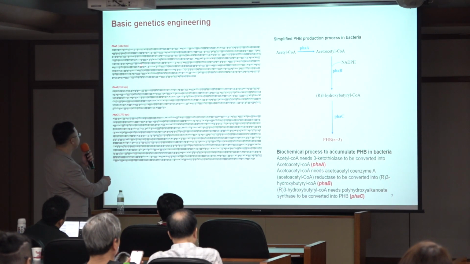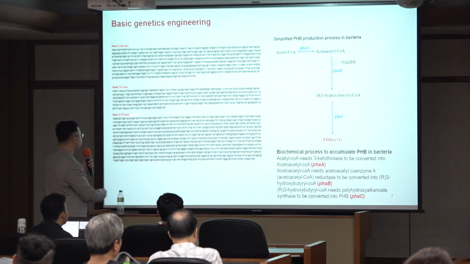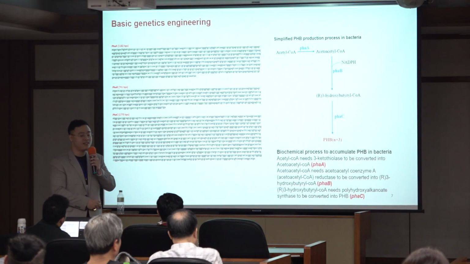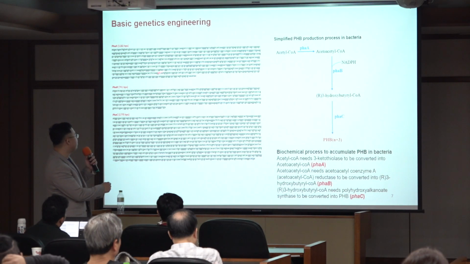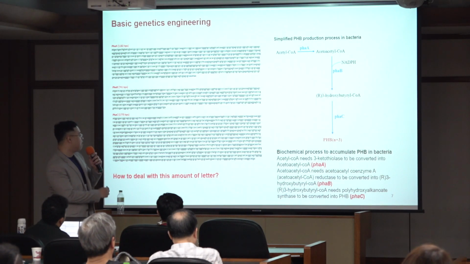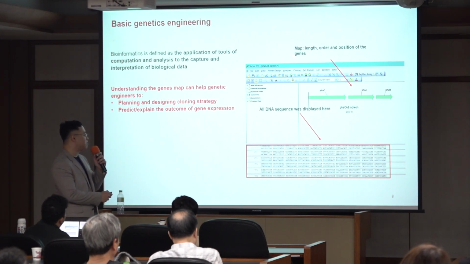You can see that it's very long. For example, phaA has 1,182 base pairs, and phaC is even longer, at 1,770 base pairs. So the question is, how can we work with so much text like this? We use bioinformatics. For example, this is the Vector NTI software.